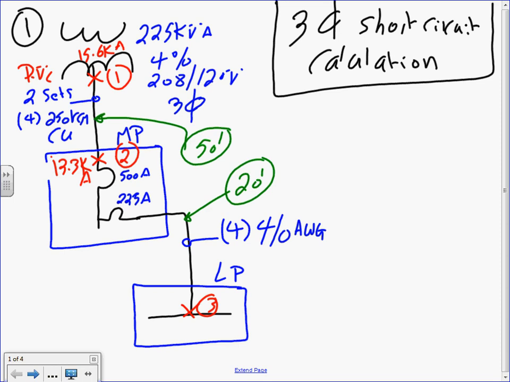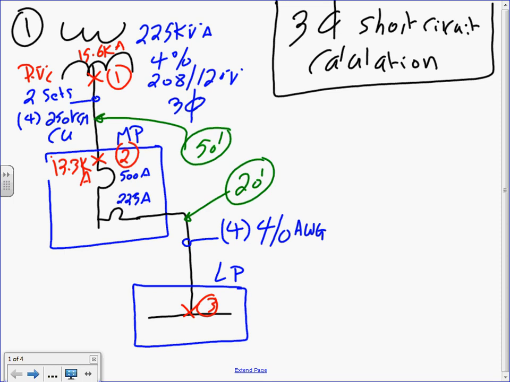Do you see the advantage of having sub-panels away from the transformer or the main panel? You have less short circuit. We dropped it down, not substantially here, but if you have a bigger system, longer cables, you will drop it substantially. What's the disadvantage of having longer cables?